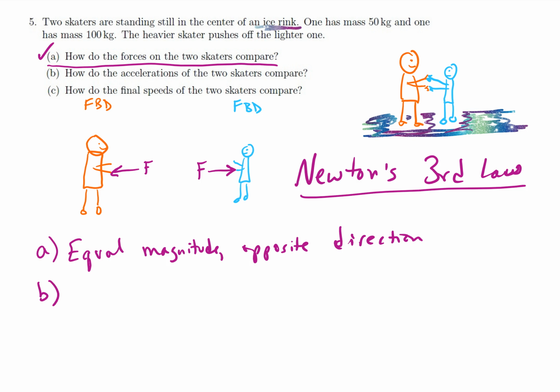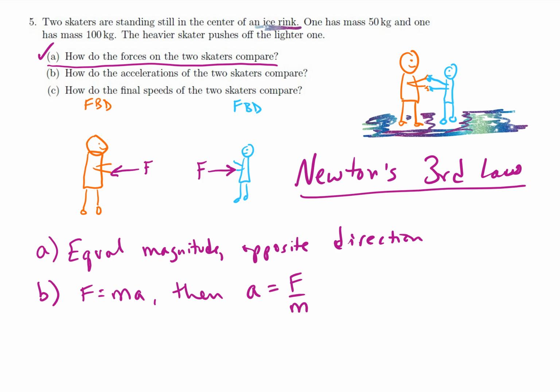For part B, how do the accelerations of the two skaters compare? Okay, so if the forces are the same and F equals ma, then the acceleration of each skater is just F over m.